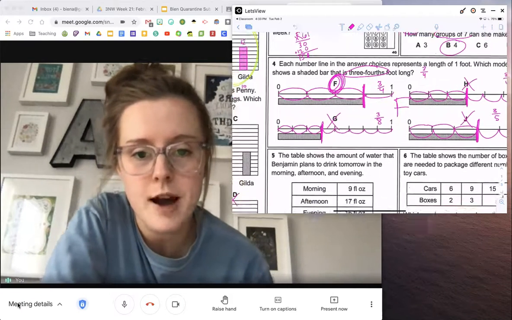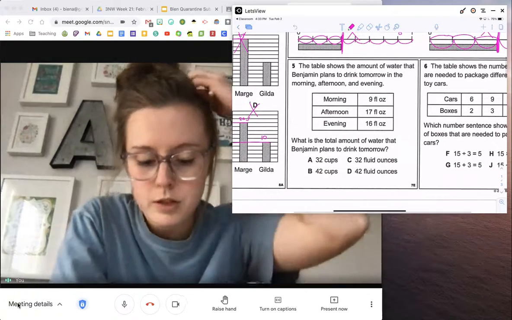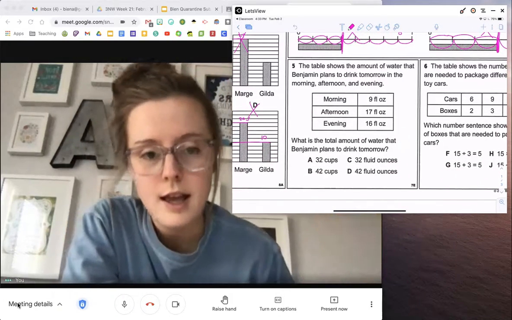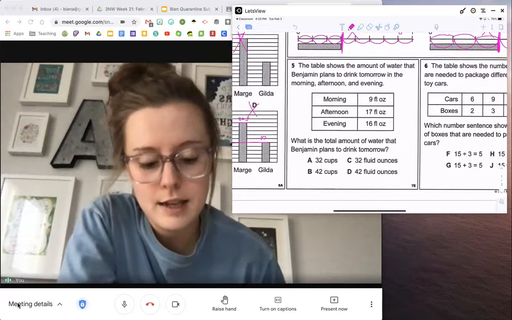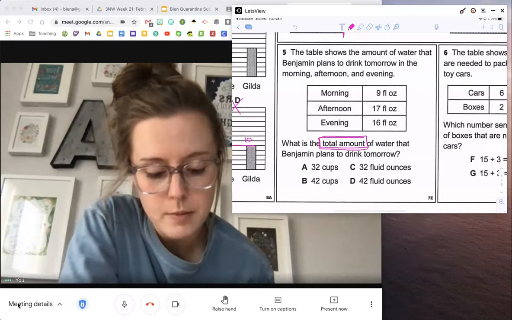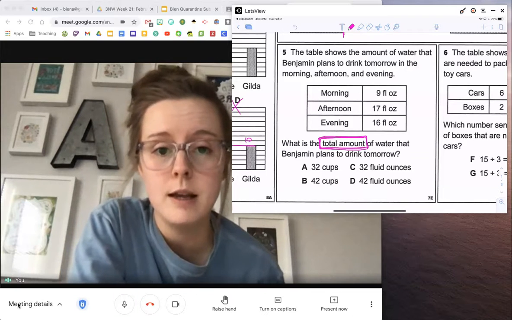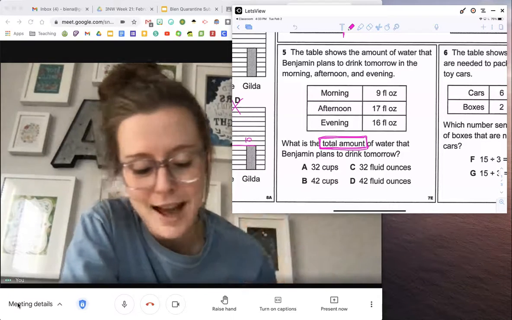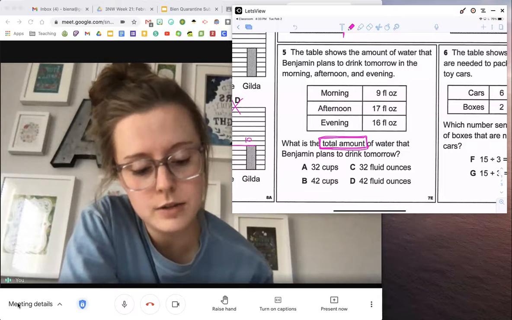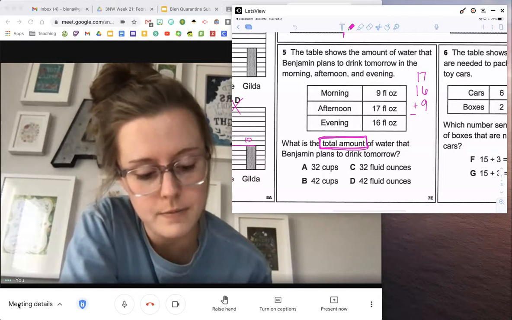All right, look at number 5. The table shows the amount of water that Benjamin plans to drink tomorrow in the morning, afternoon, and evening. What is the total amount of water Benjamin plans to drink tomorrow? So total in this case means add. All right, let's add those up. So I'm going to rewrite them so that I have them all nice and pretty, ready to add.